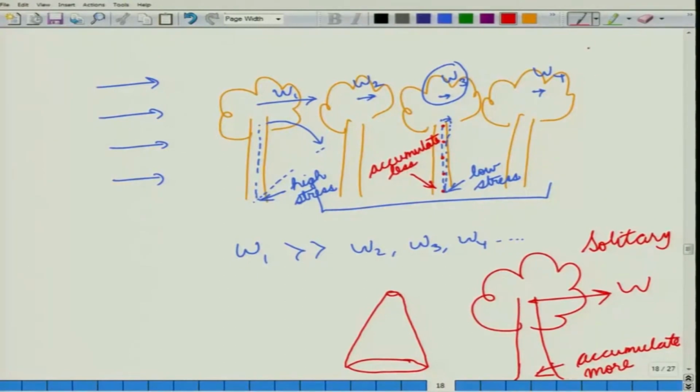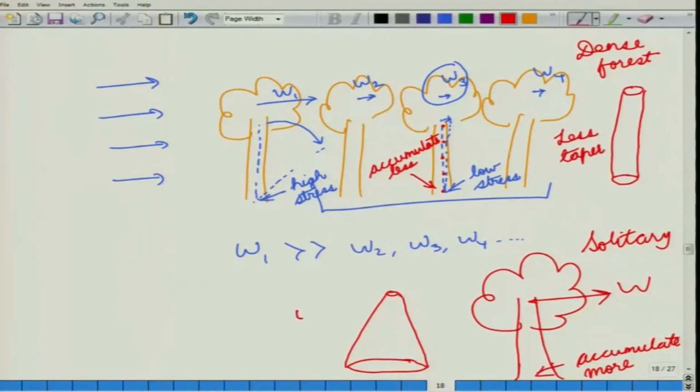But in the case of a dense forest, you would have very little accumulation here and very little accumulation here. So, essentially you will have a more cylindrical bole. So, this will have less taper and this will have more taper.